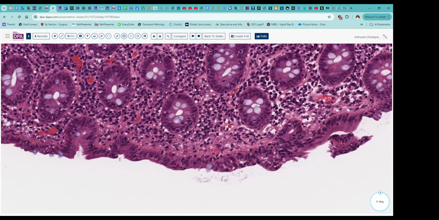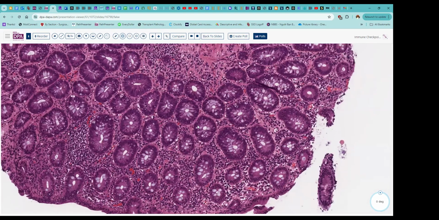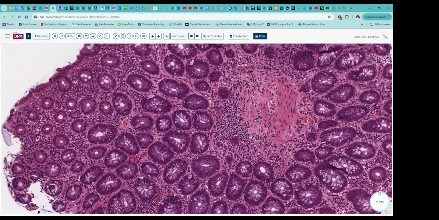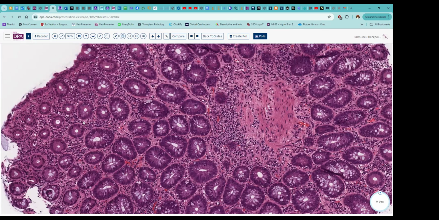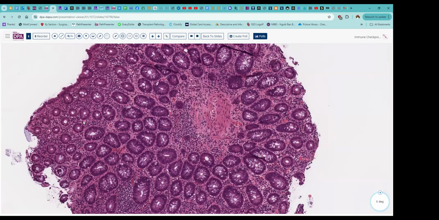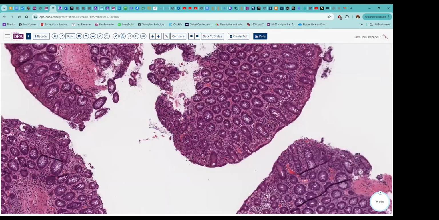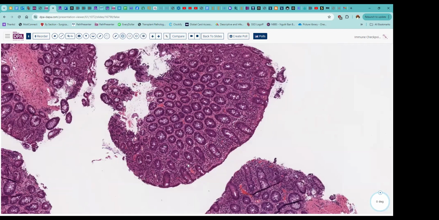However, this turns out to be a patient who was receiving pembrolizumab, one of the immune checkpoint inhibitors, and therefore this is going to be one of the patterns that can be seen with immune checkpoint inhibitor related colitis.